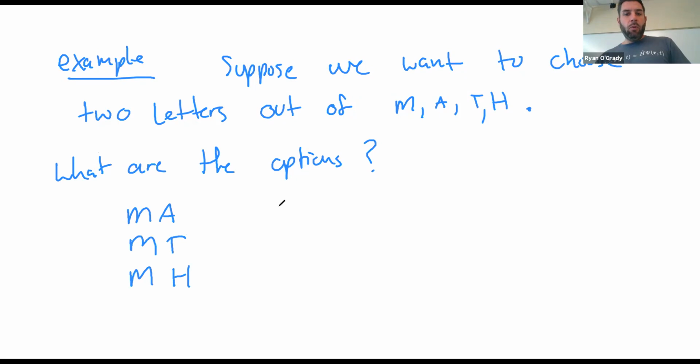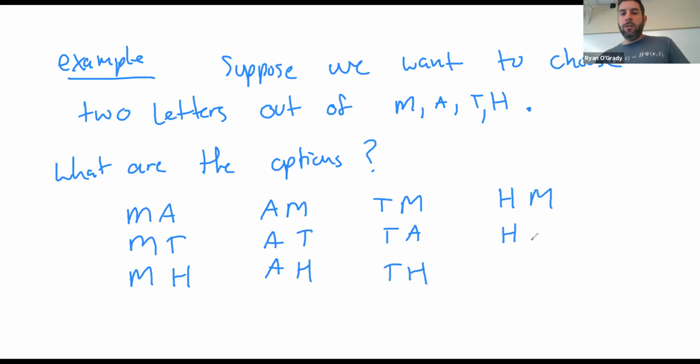Now what happens if we pull A first? If we pull A first, we can get AM, AT, AH. And then if I pull T first, I can get TM, TA, or TH. And then lastly, if I pull H first, I can get HM, HA, and HT.